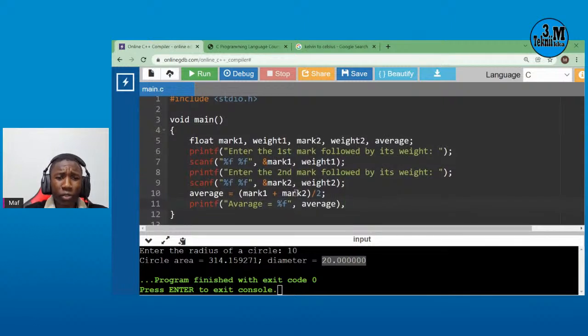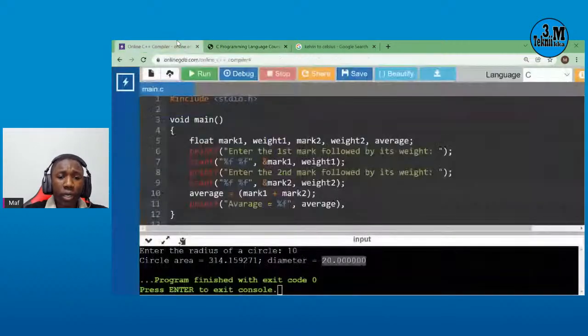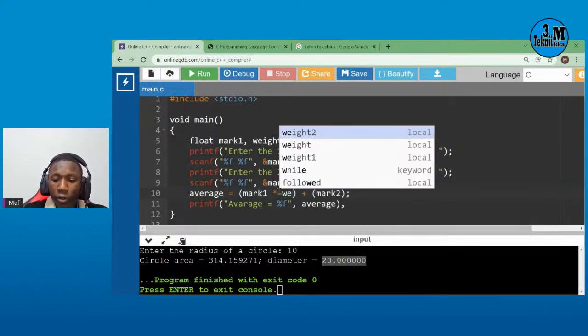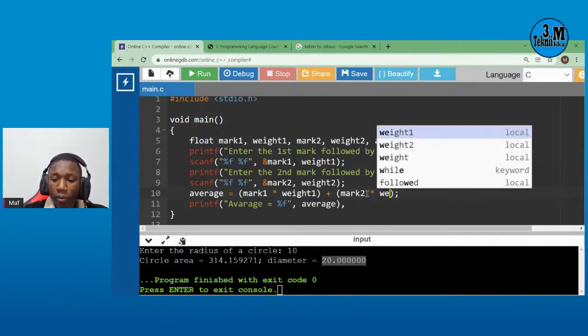We don't want this. We want another kind of average: the weighted average. A weighted average is something like this. You have the first mark multiplied by its weight, weight 1, and here you have the second times weight 2.